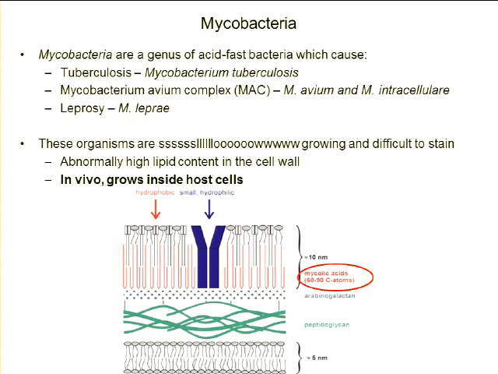But for the most part, outside of the fluoroquinolones and the aminoglycosides, we're not going to be able to permeate this mycolic acid layer in order to kill this bacteria. So we have to have a whole new class of drugs.